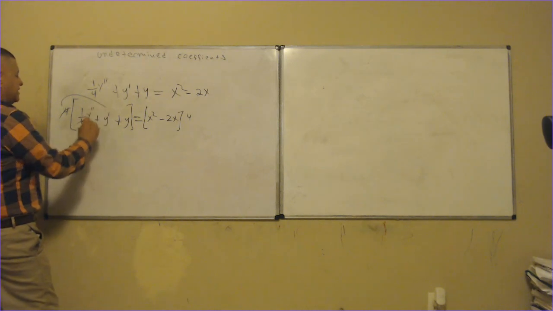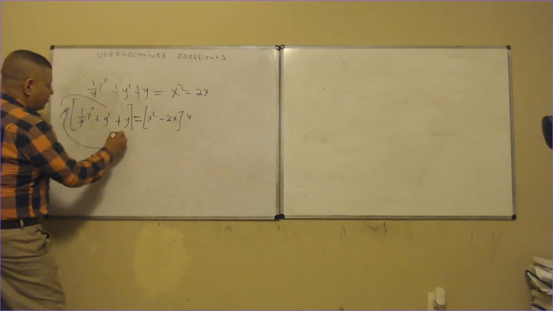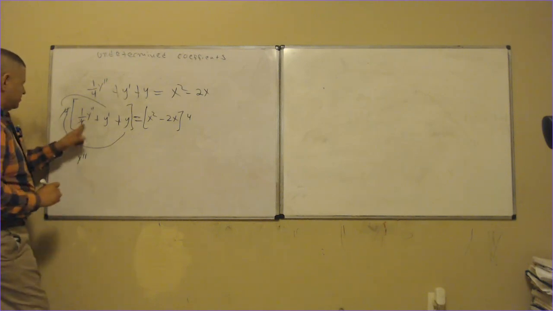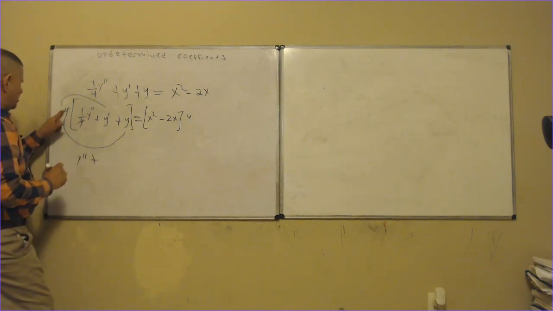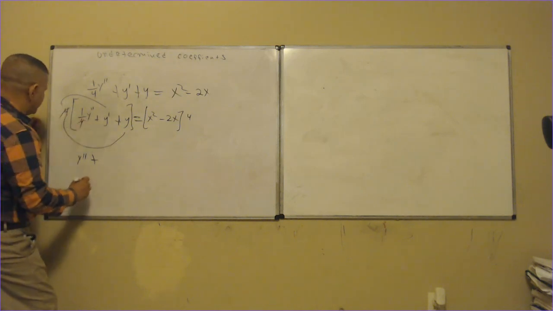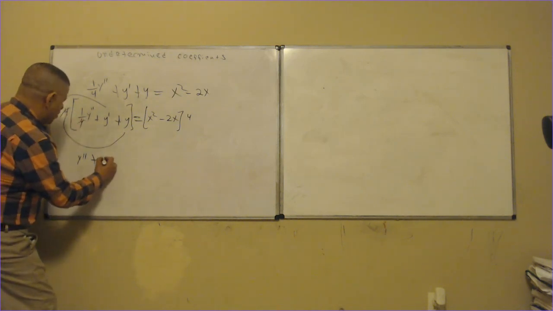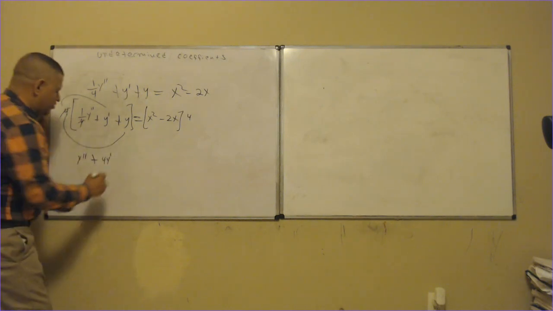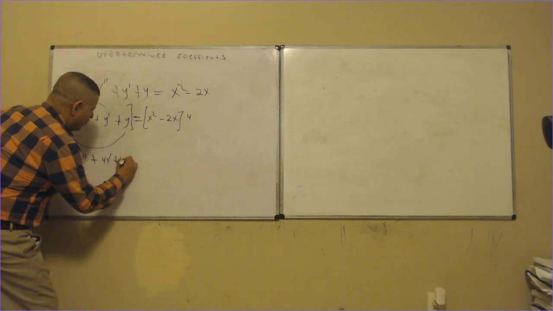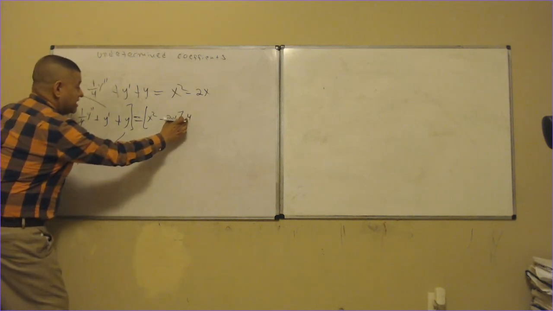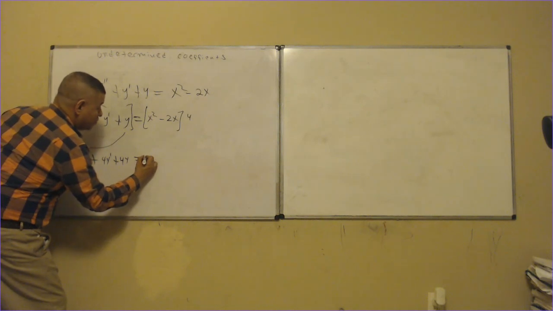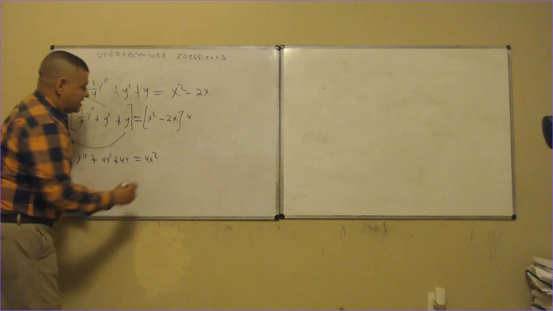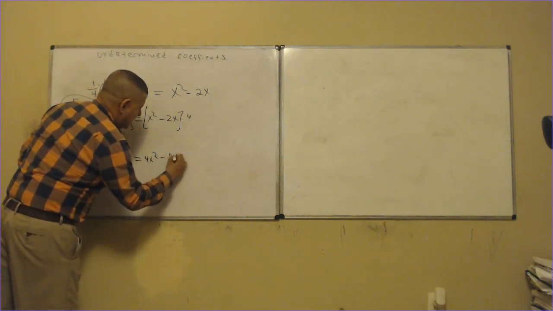I multiply that guy, and then I take this guy and multiply this one. So I get y double prime, plus this times this is going to be equal to 4y prime, and then this times this is going to be 4y, equal to this times this, which is 4x squared. This times this is going to be minus 8x.